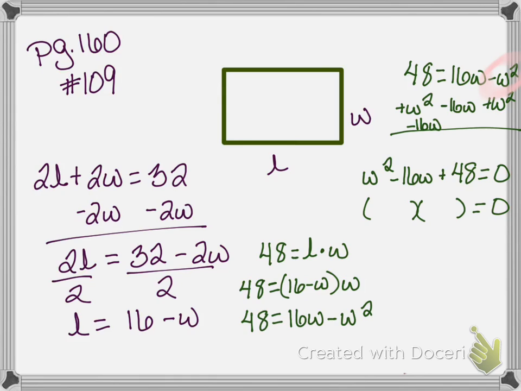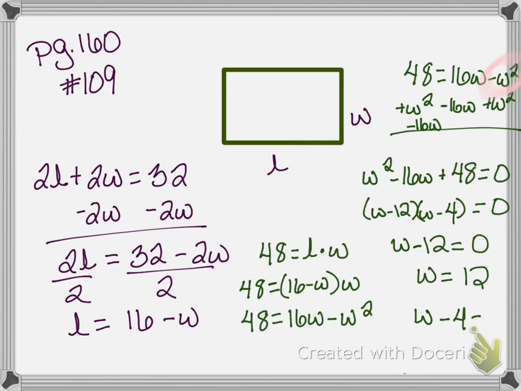My product is 48. My sum is negative 16. And so my numbers are going to be negative 12 and negative 4. So W can be 12, or W can be 4.